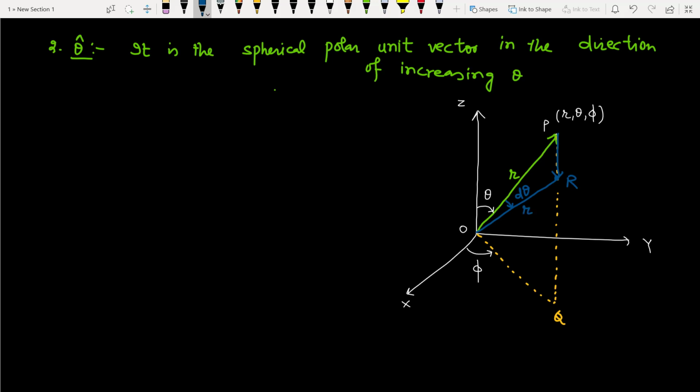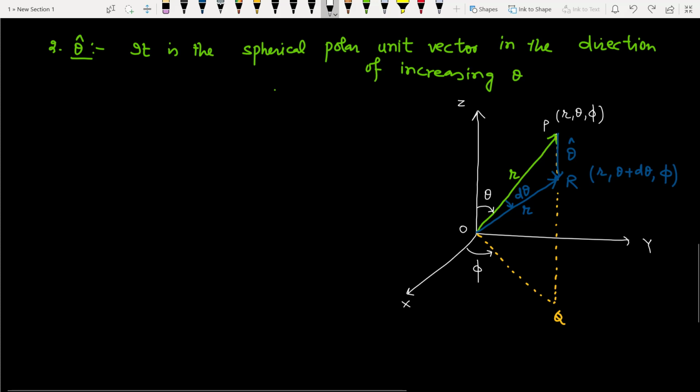Length of OR vector is also r. r does not change. This angle changes by a small amount. Third coordinate also does not change. So now this PR vector is our theta cap and we are to find this.